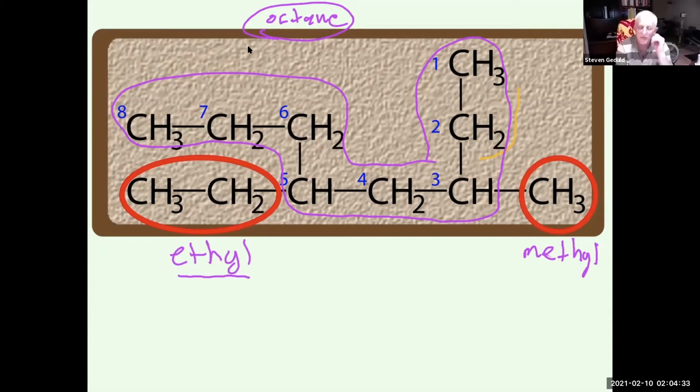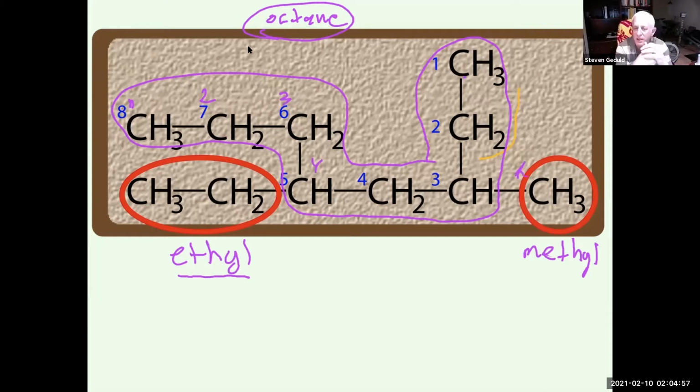We have to number the chain so we know where things are. You number the carbon chain to give the substituent the lowest possible number. If we started from this end, this would be 1, 2, 3, 4. There's your first substituent at 4. If we start from this end, 1, 2, 3, our first substituent is at 3.